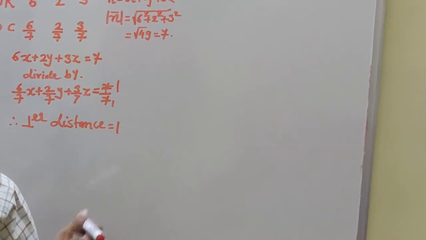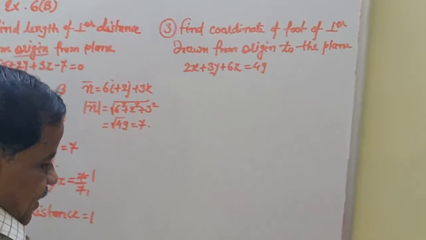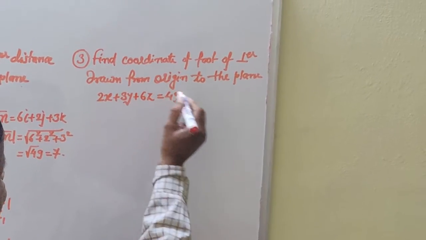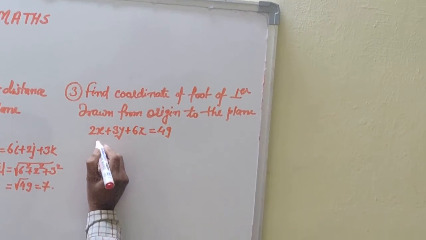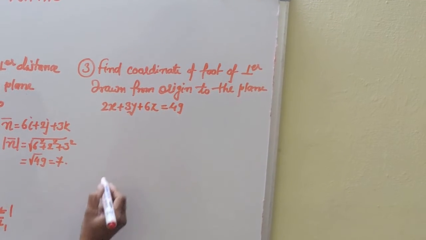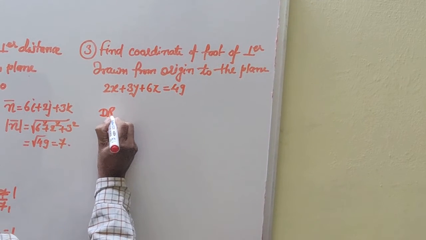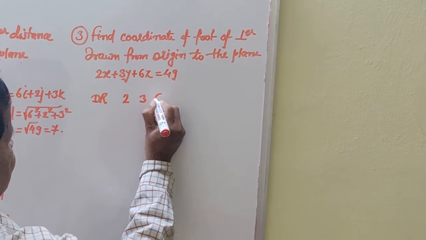Now we are going to solve the third problem. Find the coordinates of the foot of the perpendicular drawn from the origin to the plane 2x plus 3y plus 6z is equal to 49. Now I am writing the direction ratios of this plane equation: 2, 3 and 6.